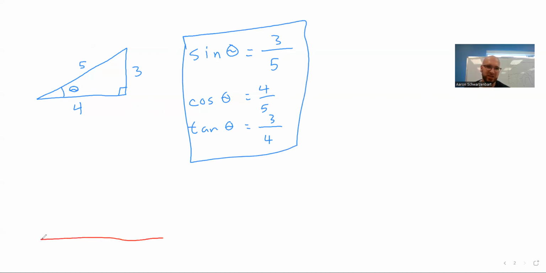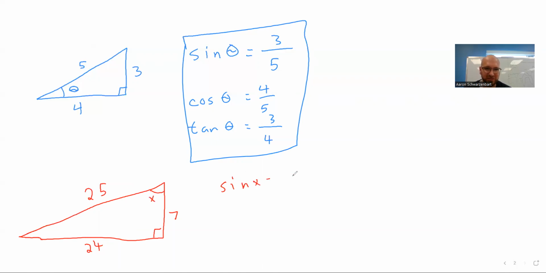Let's make another triangle. I'm doing ones with nice numbers. These are what we call Pythagorean triples because the Pythagorean theorem tells me they're all whole numbers. So the sine, if we're going to call my angle up here, we're going to call it x this time.